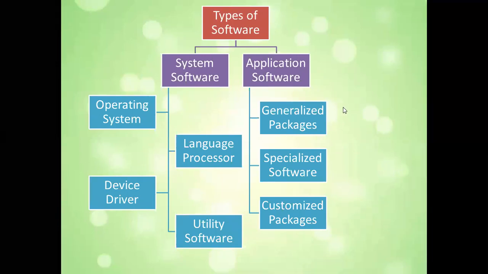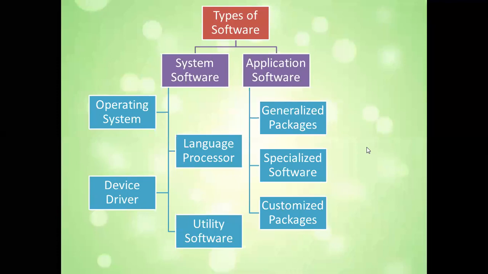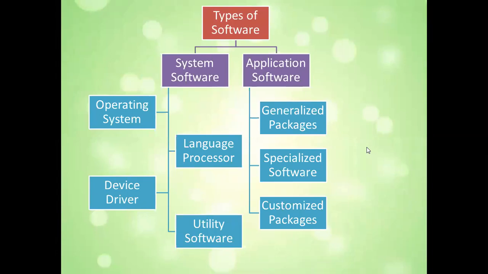First is generalized packages. Generalized package softwares are those software which are common for everyone. For example, Word, Excel, PowerPoint, a collaboration of all the Microsoft softwares, that is MS Office.